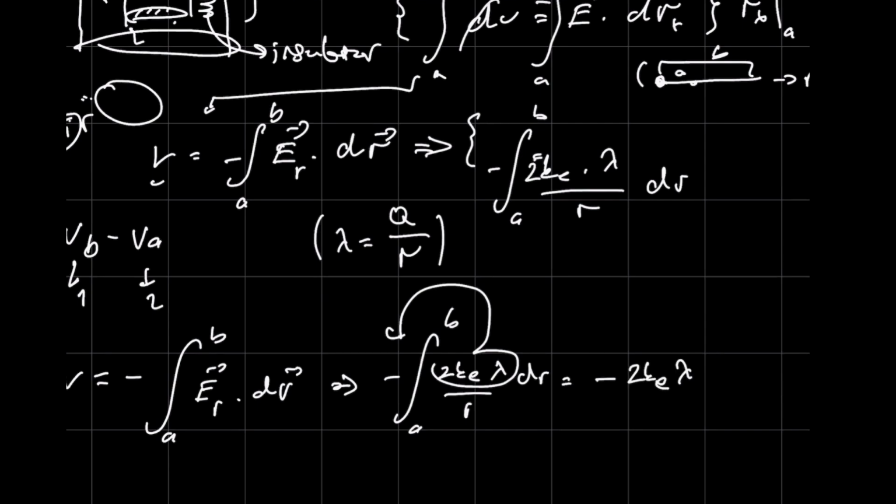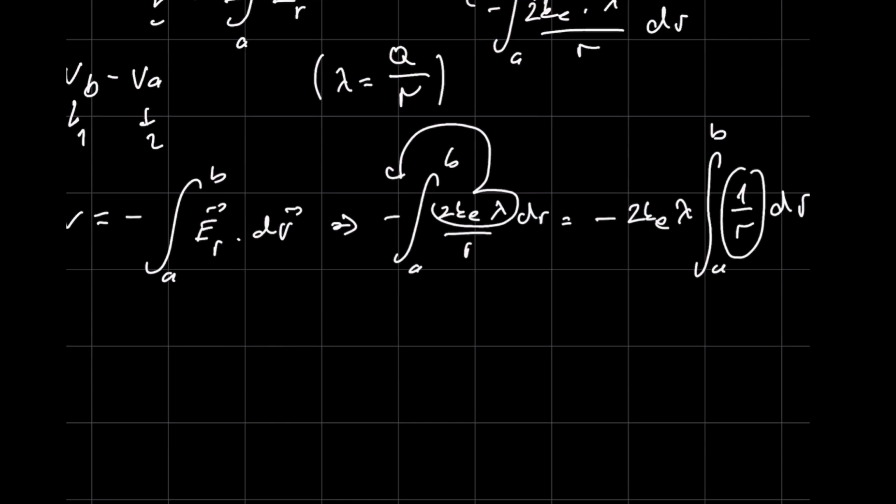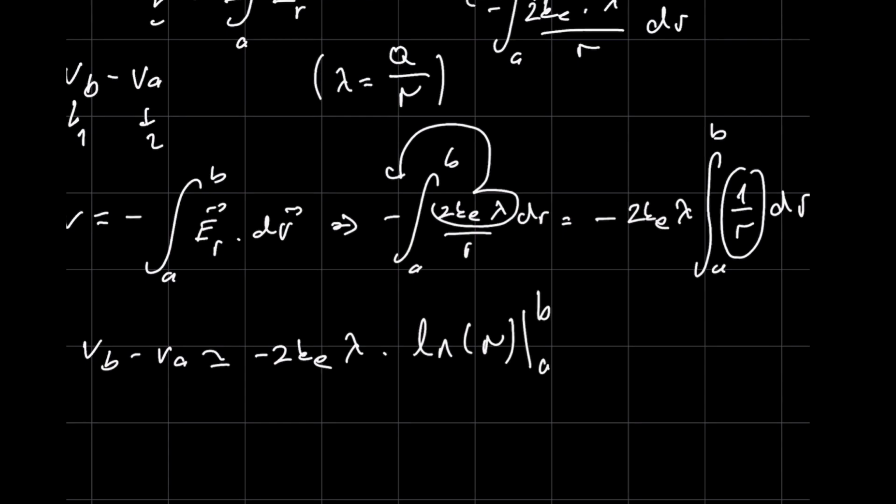Here, 2ke times lambda remains constant because lambda represents the charge density. After performing the integration, we get a logarithmic result, the natural logarithm of r. This shows that in a cylindrical capacitor, the potential difference changes logarithmically with radius.